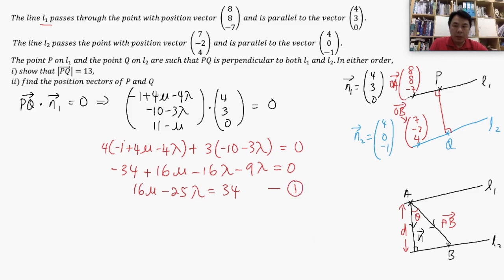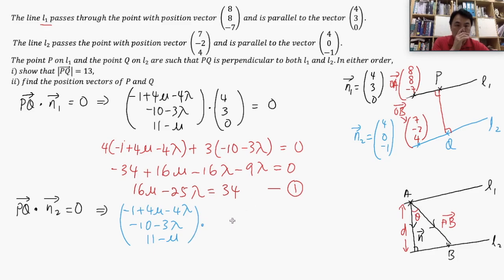Now we're going to repeat this for PQ dot with N2, which will also yield 0. So from here we have (-1 + 4μ - 4λ, -10 - 3λ, 11 - μ) dot with the direction vector for L2. So that's (4, 0, -1).